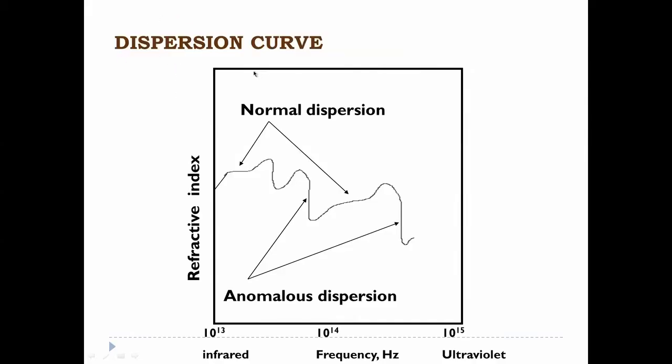What is useful in the visible range may not be useful in the ultraviolet range. So, for each different spectroscopic technique, what we need is different materials which are suitable for the passing of the electromagnetic radiation with minimum side effects, that is normal dispersion. That is the importance of this figure.